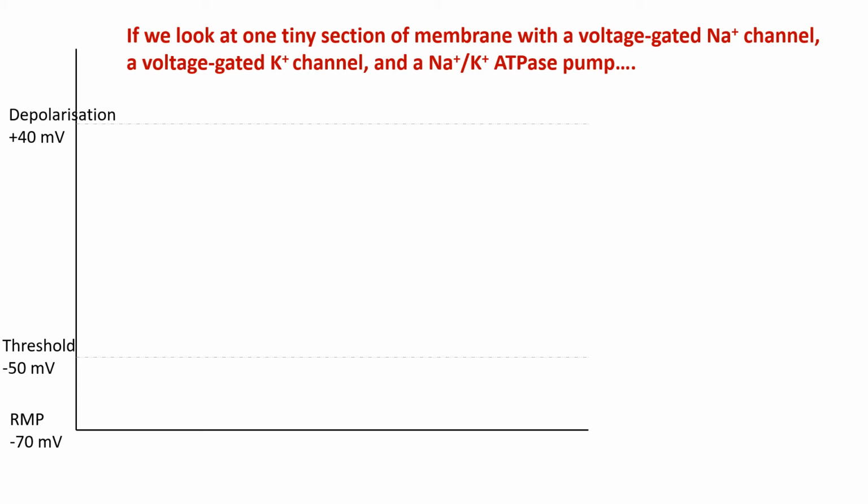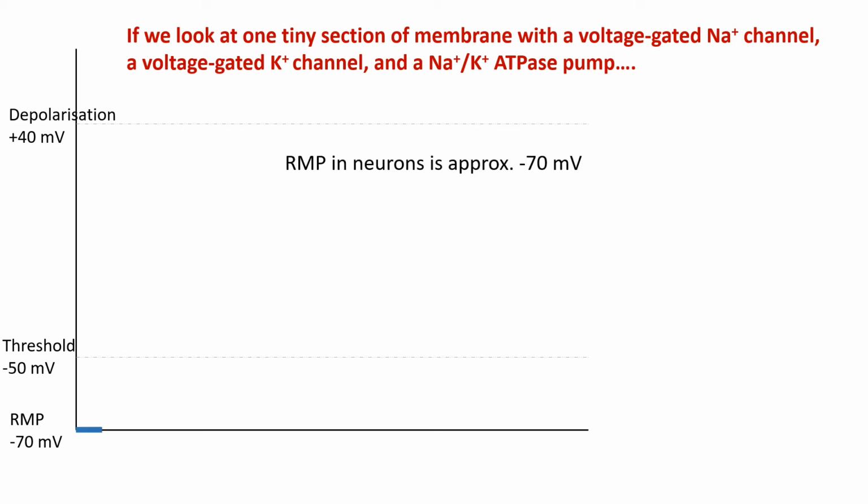So right at the bottom, we're at resting membrane potential. You can see the dotted line there at minus 50 as threshold, and the top dotted line is depolarization at plus 40. Somewhere in the middle there'll be 0, we don't care about 0.